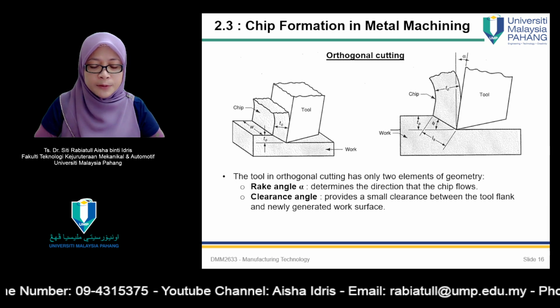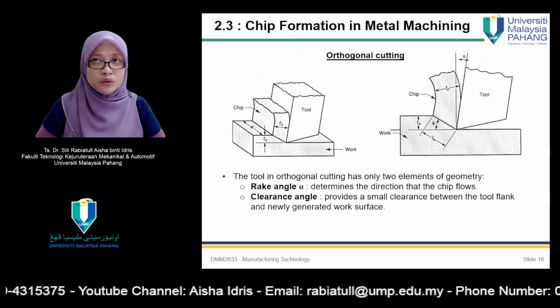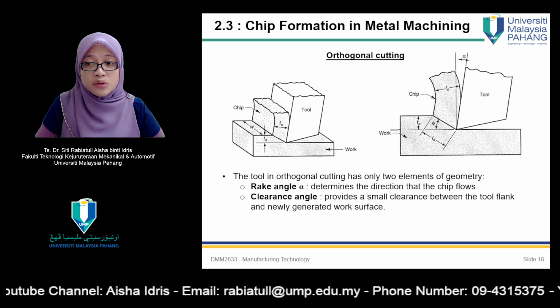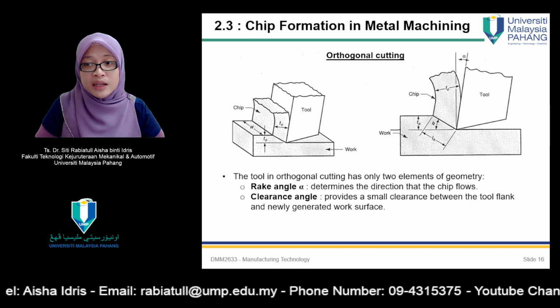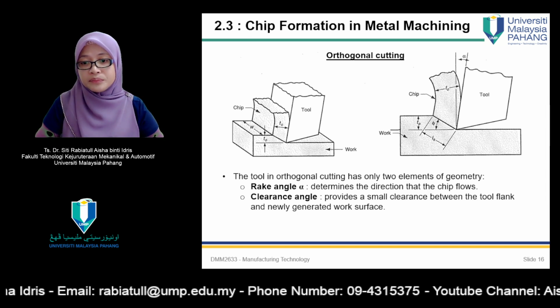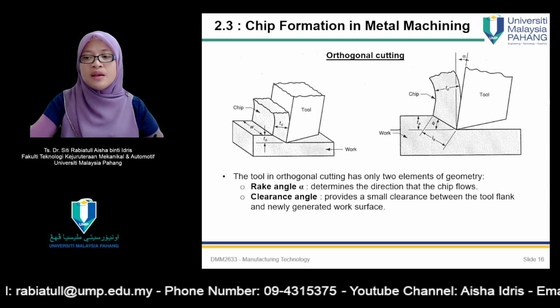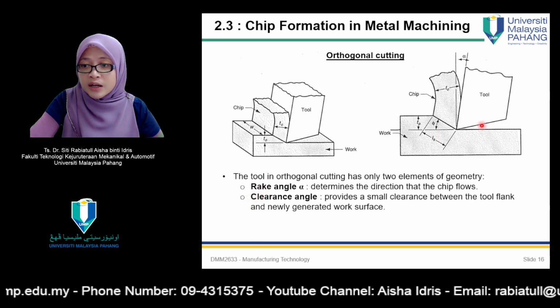Other than that, normally the cutting itself will not only be conducted in a straight line or linear. There's also cutting operation which is conducted in orthogonal direction. So in this process, you may find the terminology for rake angle alpha.